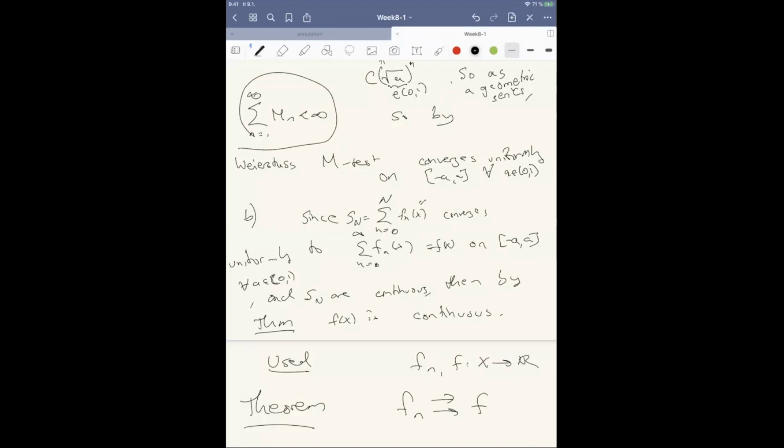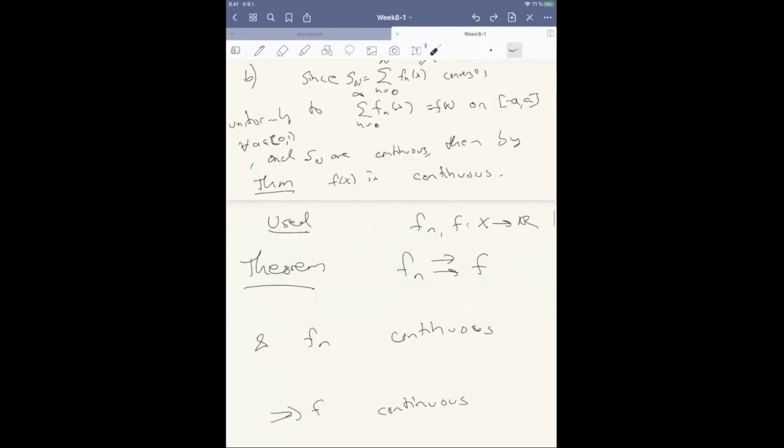Because the f_n are polynomials. f_n is equal, in our case, to n squared plus n times x to the n. So this is clearly continuous. The sum of continuous functions is continuous. So this infinite sum is a uniform limit of continuous functions. We got uniform convergence there. So therefore, by the theorem that I will soon remind you, f is continuous.